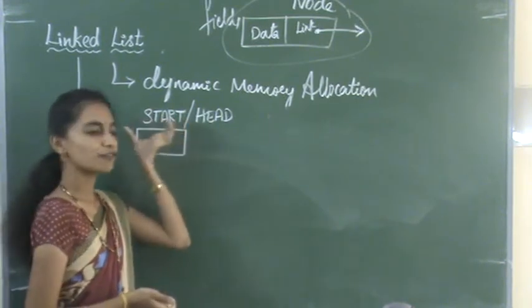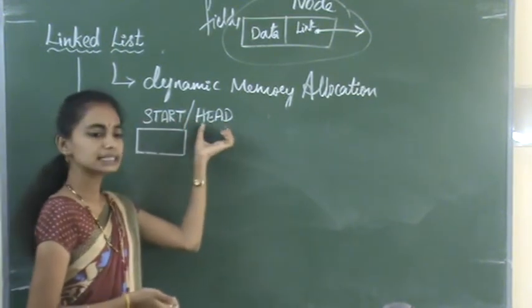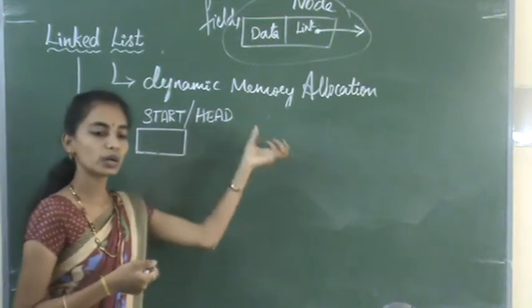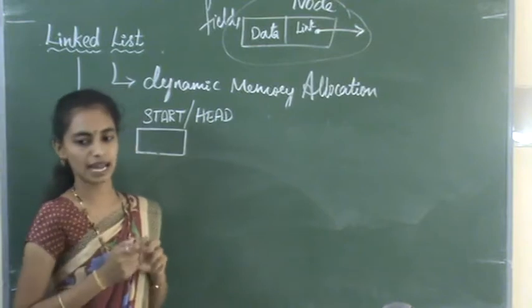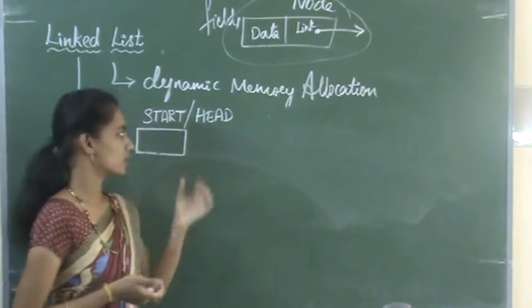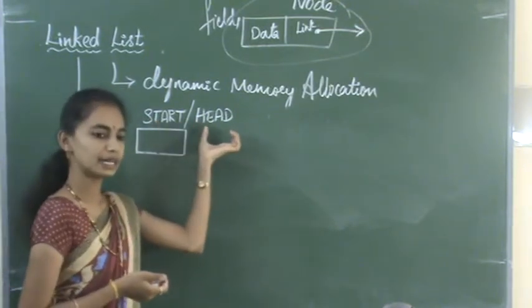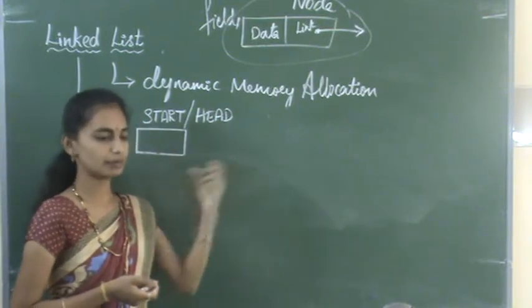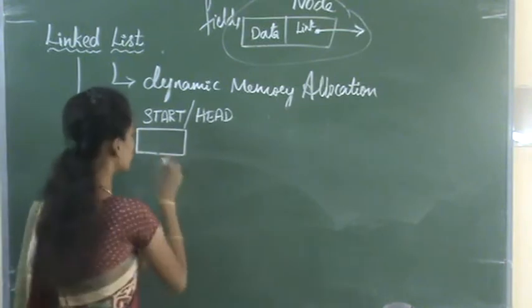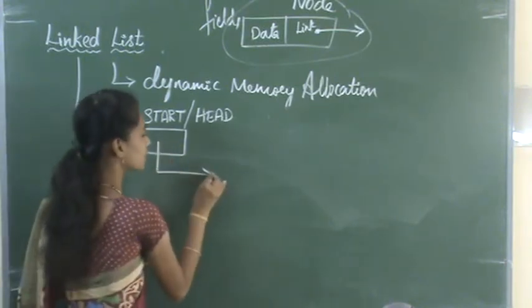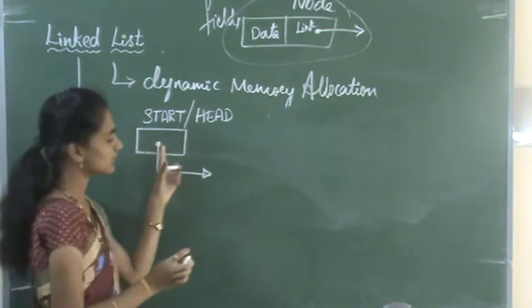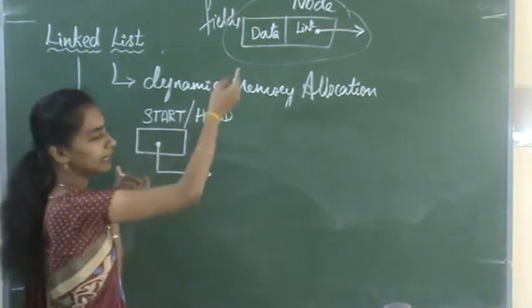It is one type of pointer, which stores the location of the first element in the linked list. So this start or head gives the location of the first element of the linked list. It will be connected to the first element in the linked list. This represents the link field.